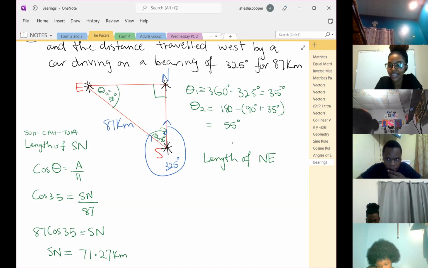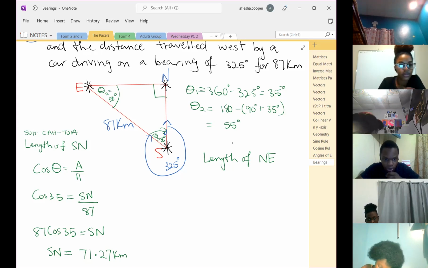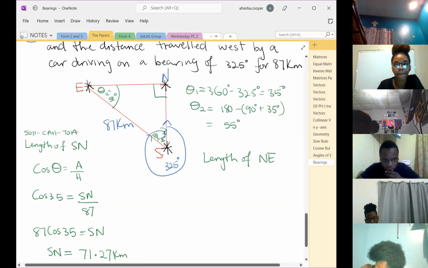So how will you find NE if you use SN? You could use the sine rule. Tell me what two lines you're using. 87 and NE, right? So what trig is that?